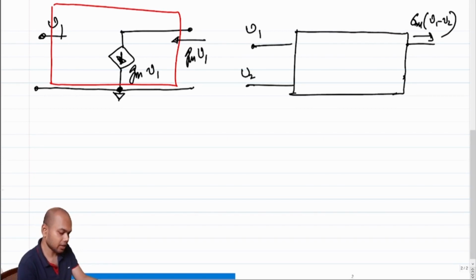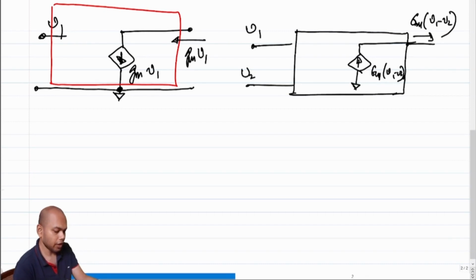And where is this current flowing out? This current is essentially flowing out of some internal reference, right?